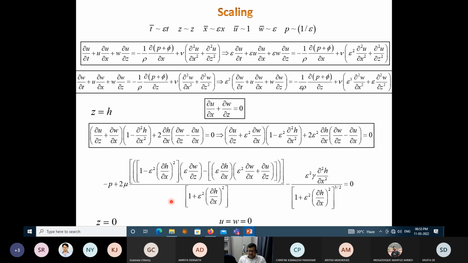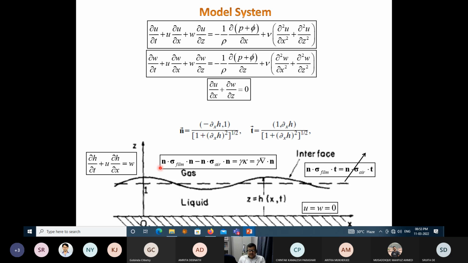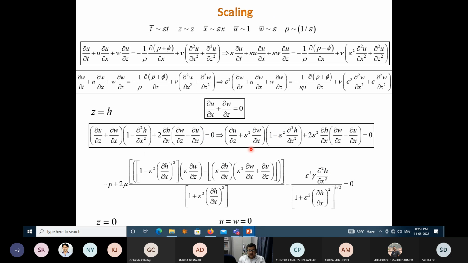How do you get this from this? And from this, how do you get this part? Essentially, you will get this part from the tangential stress balance, and from the normal stress balance, you will get this part. Just leave these epsilons away when you prove it.